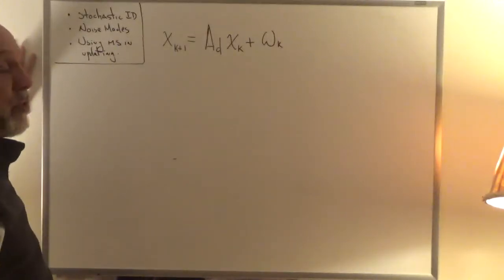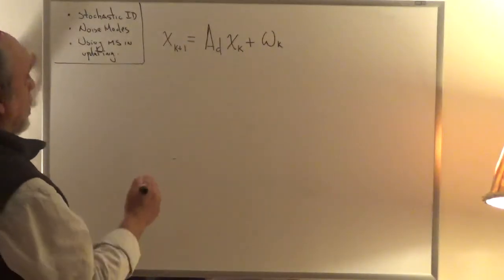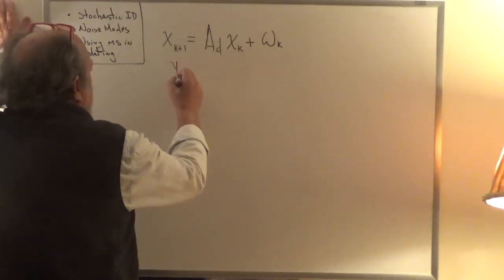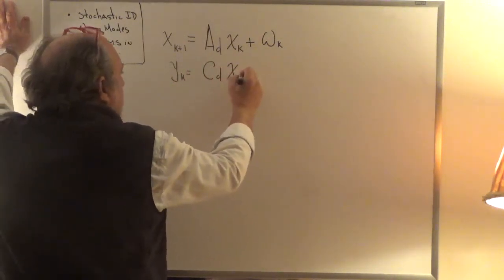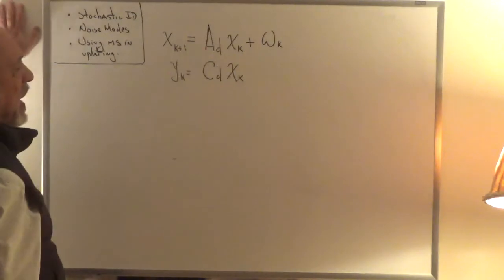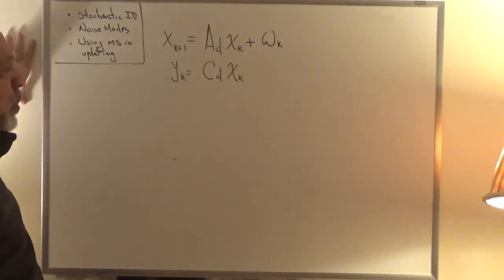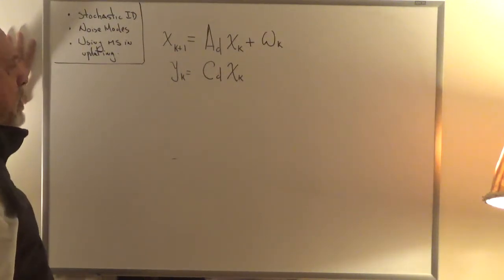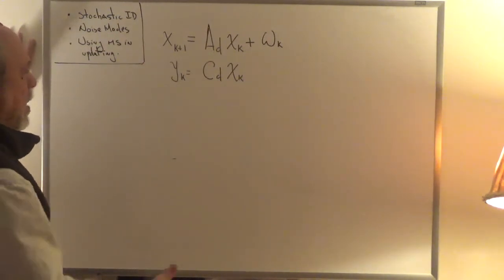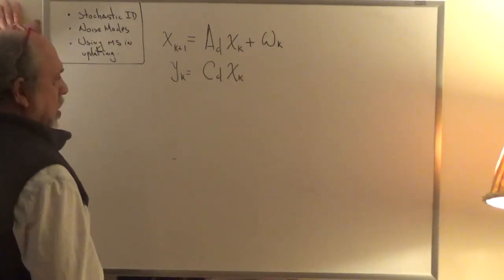But we're going to make assumptions about the statistical nature of omega k, or w k. We also have the output, and the output is normally what? C discrete times x k, and it could have a D discrete times f k, right? Which we wouldn't know what it is. In addition to that, we assume that our output may also be contaminated by noise. That is, we cannot really measure the output exactly because our sensors are not precise.